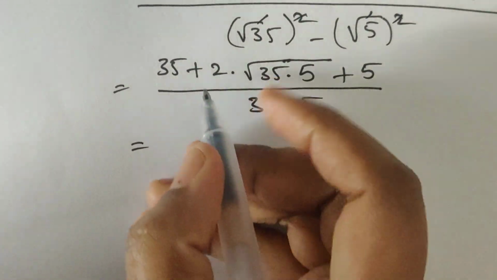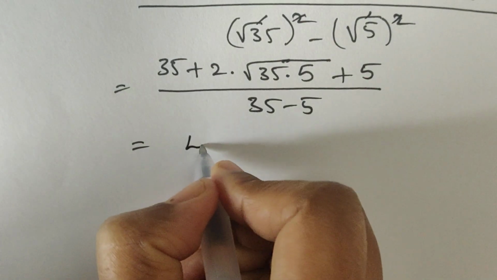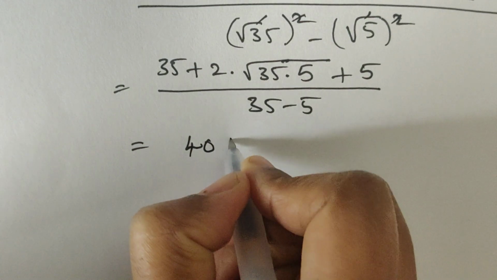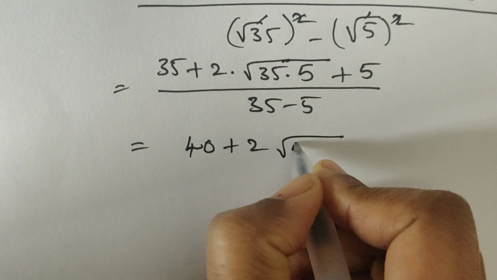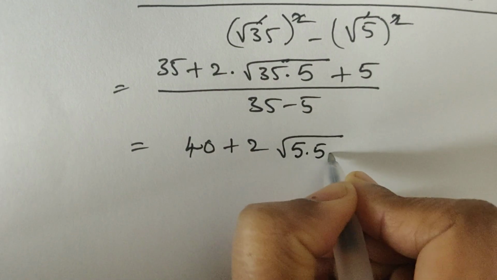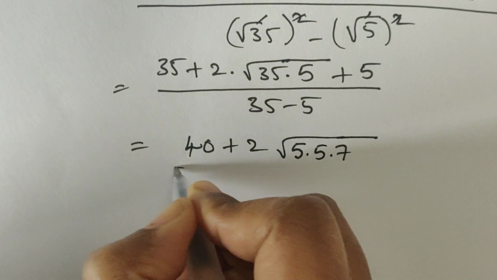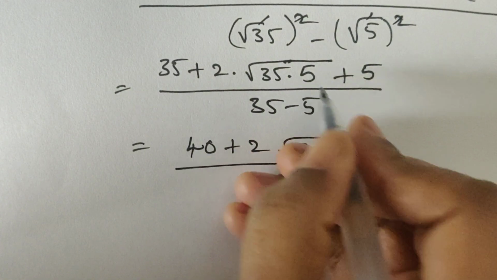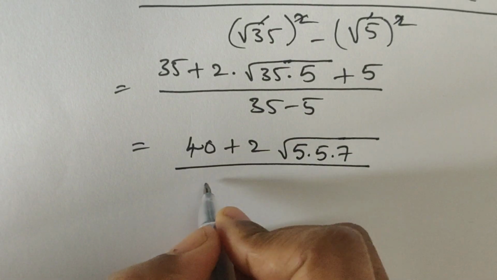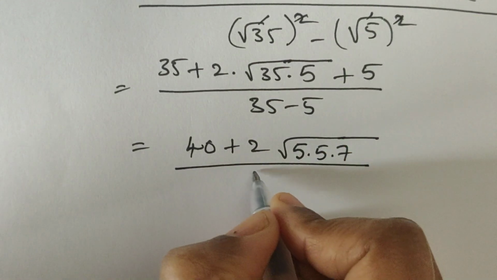So here 35 plus 5 is equal to 40. So plus 2. So here 35 we can write as 5 times 7, so 5 times 7 is equal to 35. So here we have one more 5. So 35 − 5 is equal to 30.